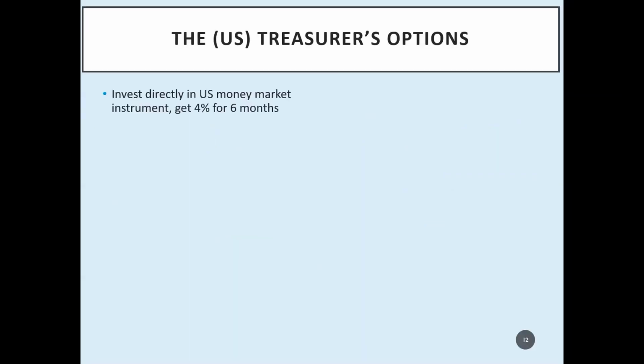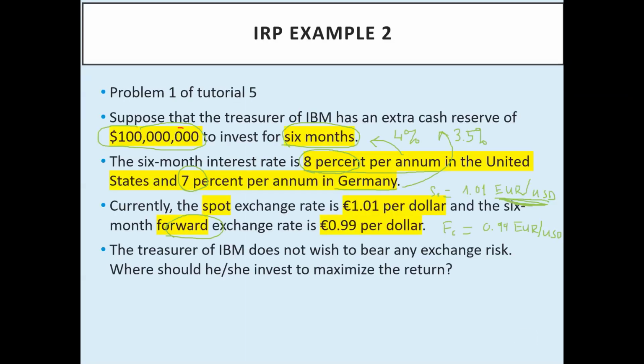Let's spend about 1 or 2 minutes to think about this problem, and when we come back, we will talk about the answer. Here, as we mentioned before, we're looking at two options. The first one is the US, and the second one is the Germany market.